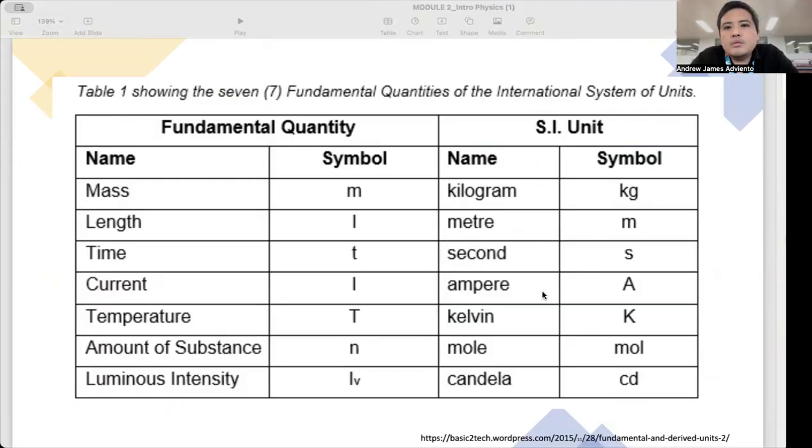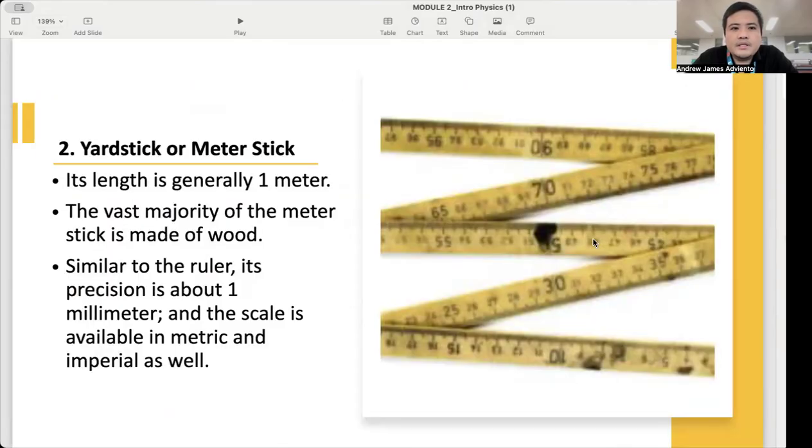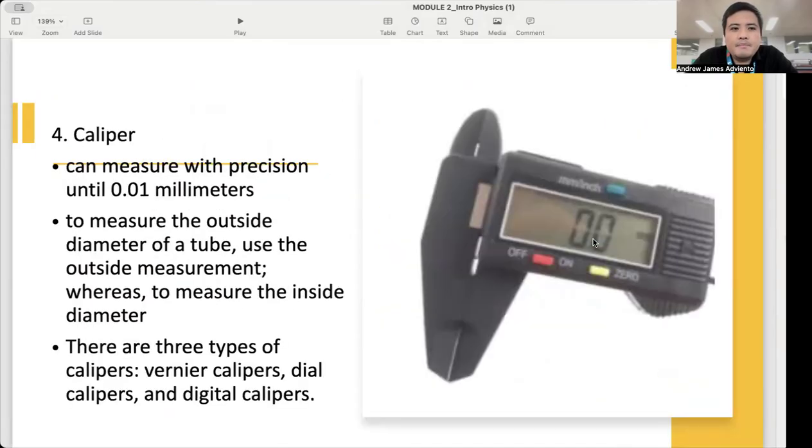There are tools to measure length, of course. We have the ruler, the meter stick, tape measure, and caliper. Calipers are used for precise measurements such as the diameter of a tube or thickness of an object.